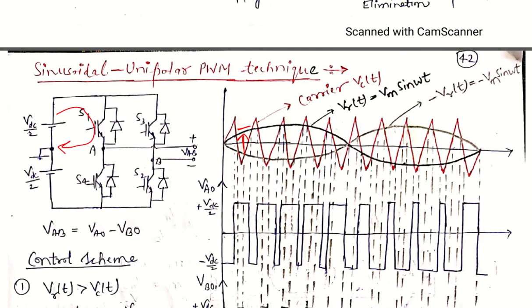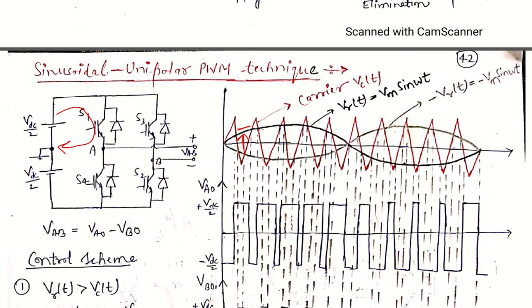So VA0 equals plus VDC by 2. Up to this point of comparison, we get a plus VDC by 2 rectangular waveform, and this is the section of intersection.